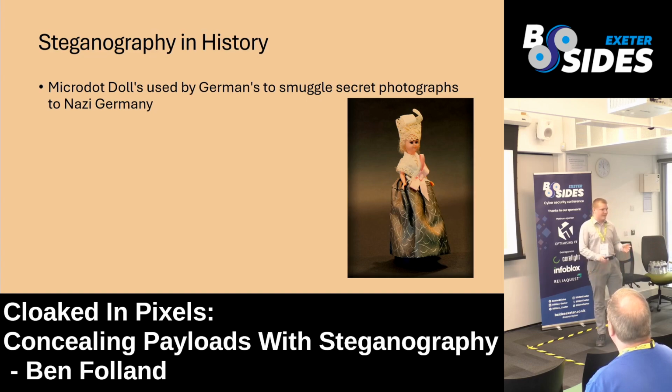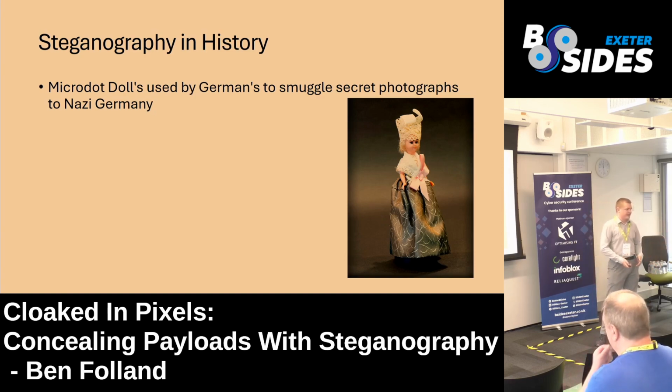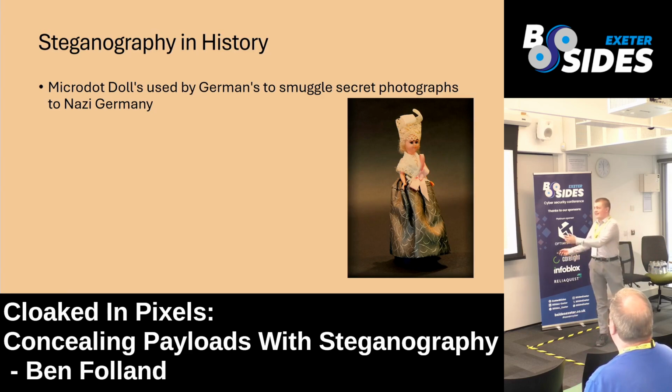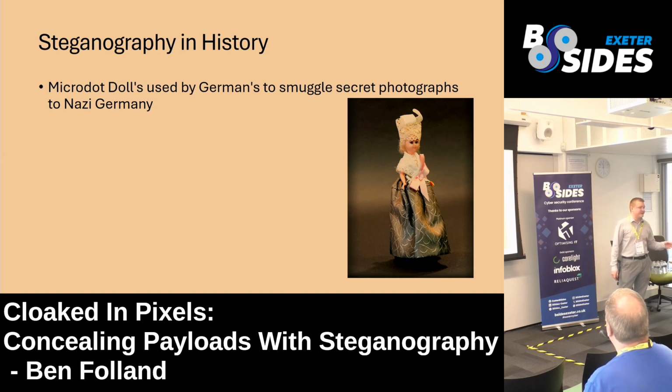It can be as small as 1 millimeter in diameter, and they had a fancy contraption of lenses that downsized a regular document onto, let's say, a doll or a benign object, a letter, and it was used for espionage to carry documents across borders in an attempt to stop it being found or detected.